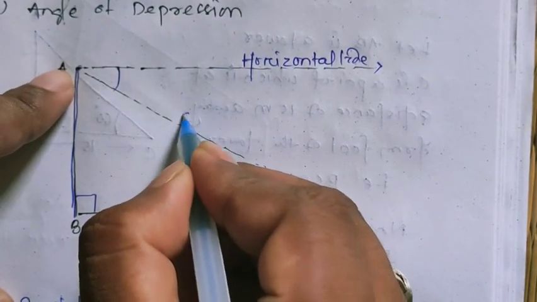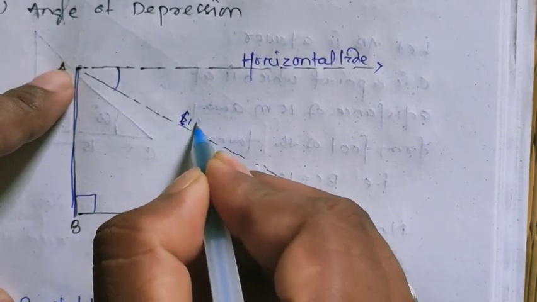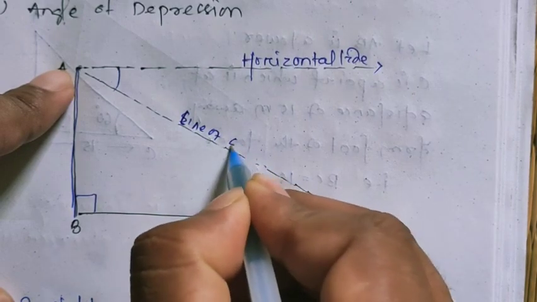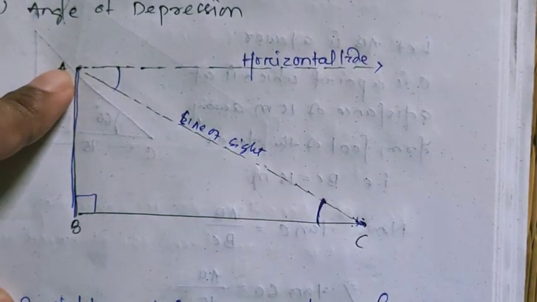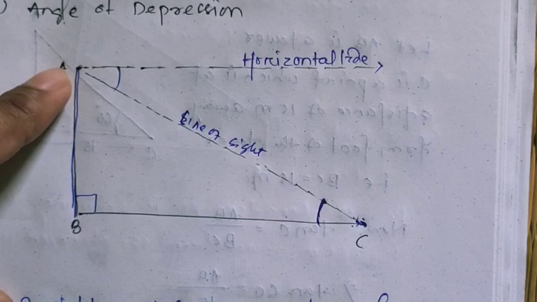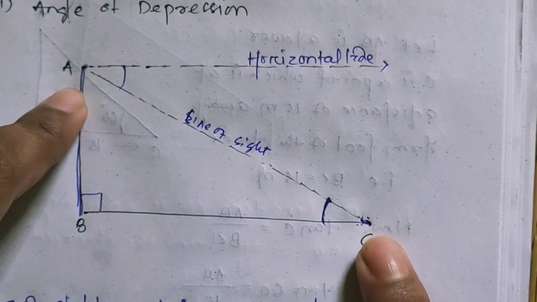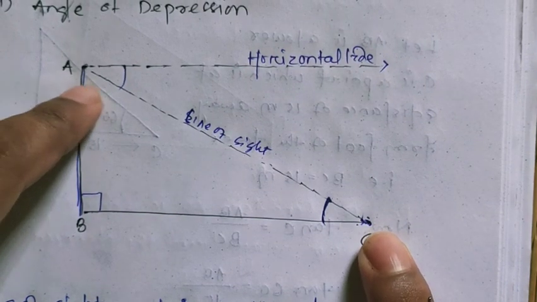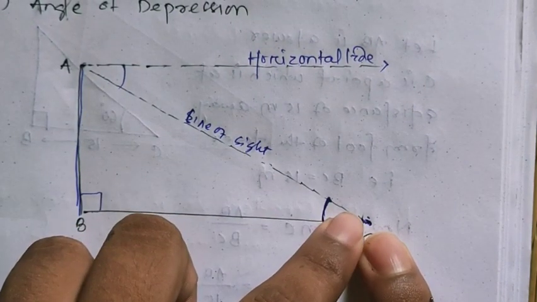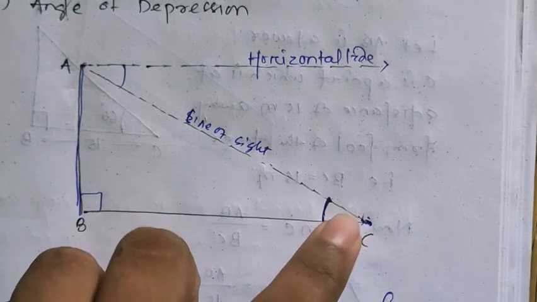So I can write this as line of sight. Understand what is line of sight? If I am standing here at A and I want to watch C, this will also be a line of sight. Understand up to this?